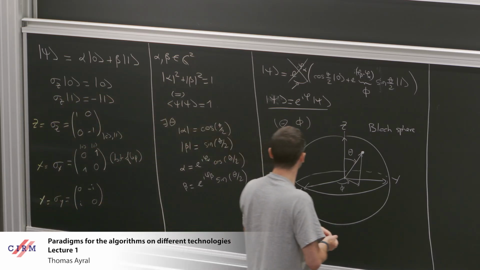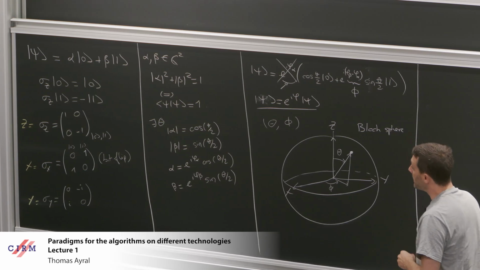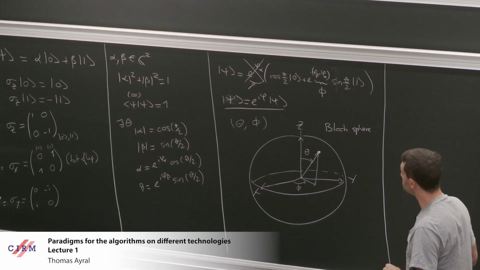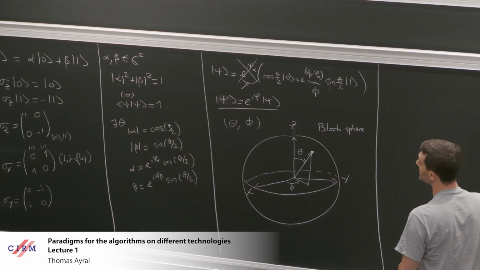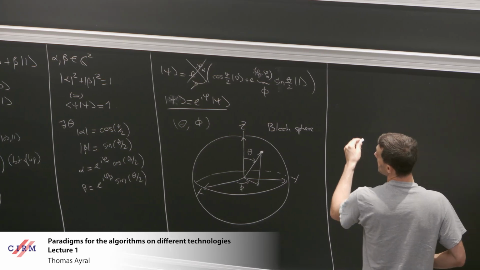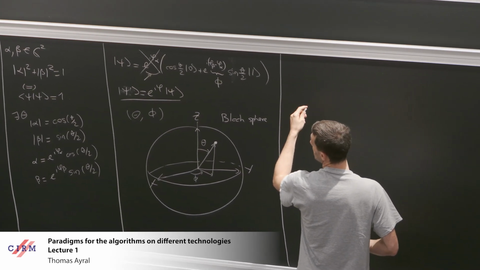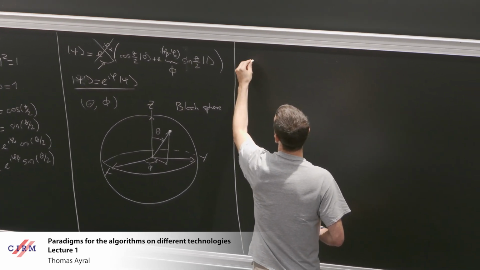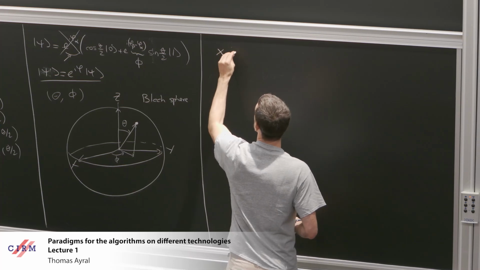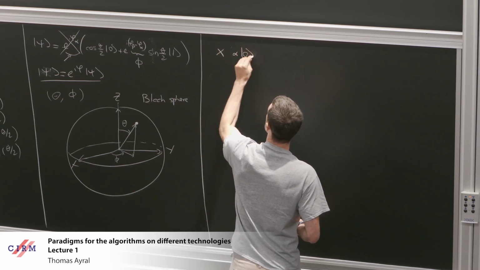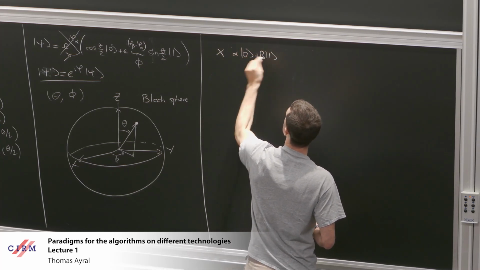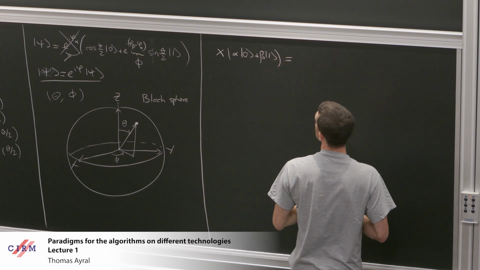And so if you look at what these gates do, actually we can try to do it for one example. So let's see, if I take X applied to alpha 0 plus beta 1, you see what it does.